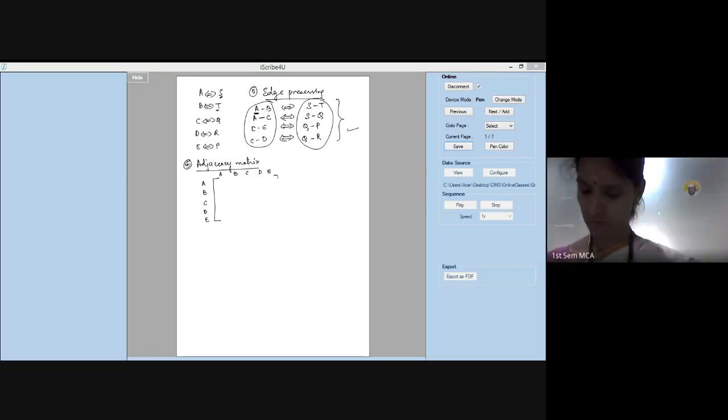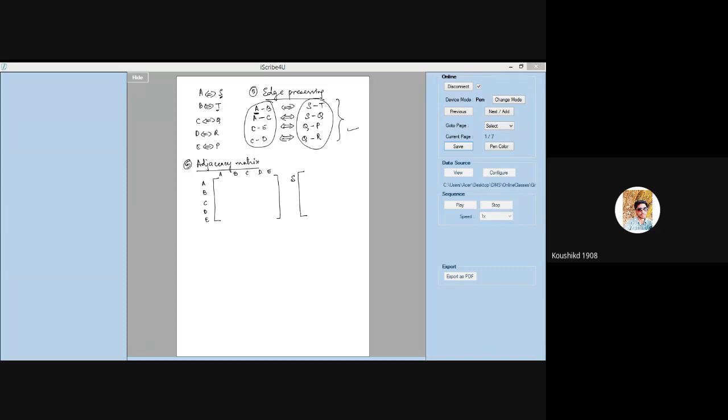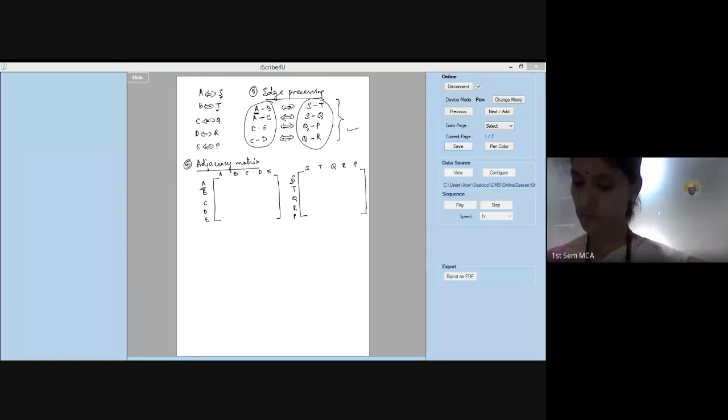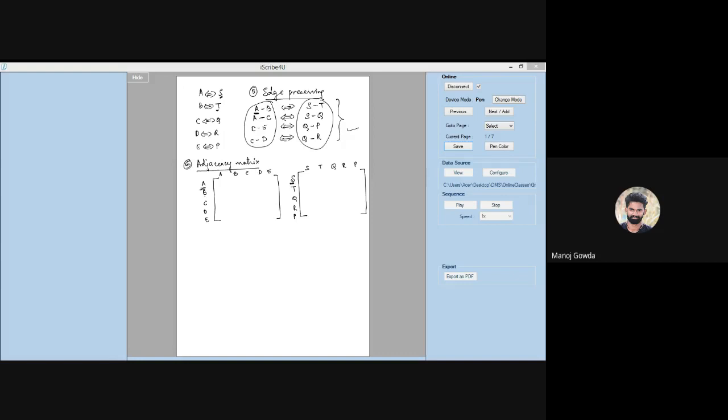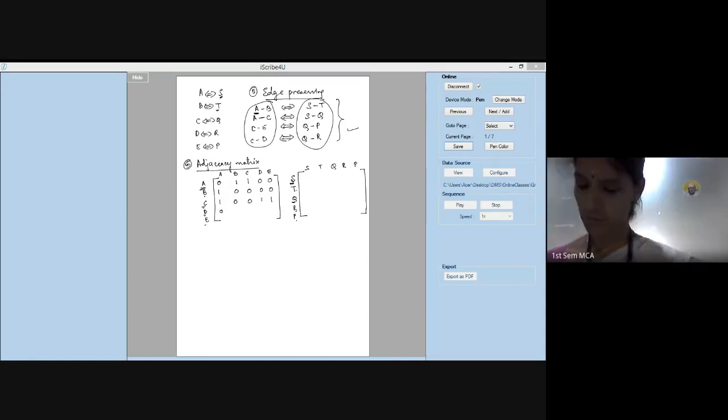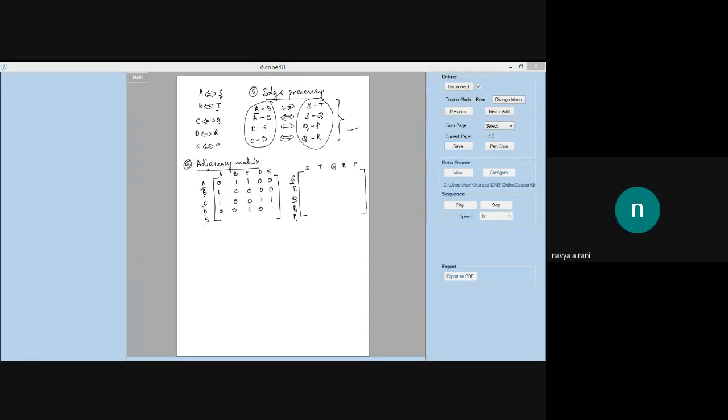Divya, Yes, ma'am. Kaushik, Present, ma'am. Lakshmi, Present, ma'am. Manish, Present, ma'am. Mohit, Yes, ma'am. Navya, Present, ma'am. Nikhil, Present, ma'am.